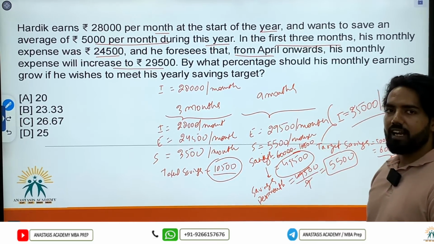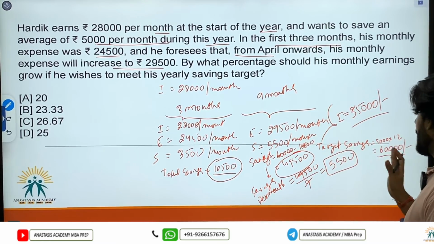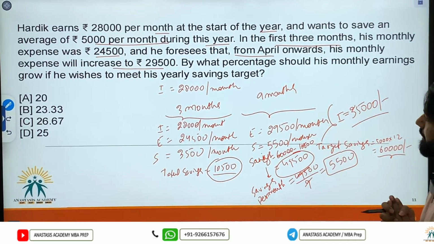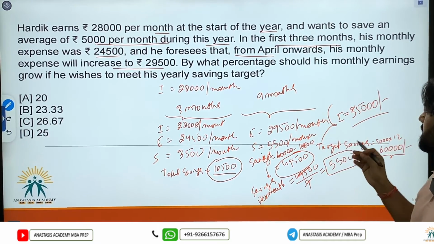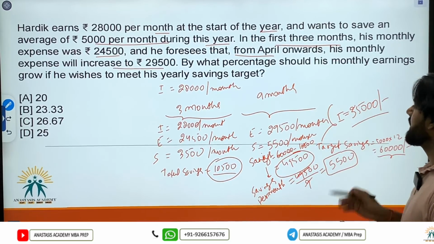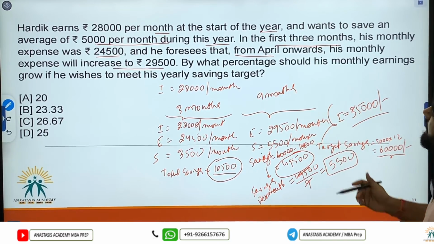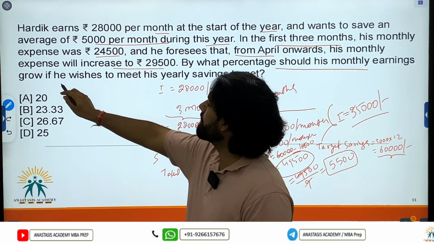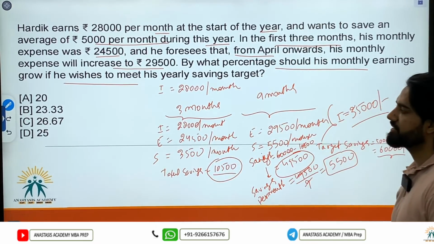So to achieve his target of yearly savings, in the last 9 months, his monthly income has to be 35,000. So we have to find by what percentage his monthly earnings must grow if he wishes to meet this yearly savings target.